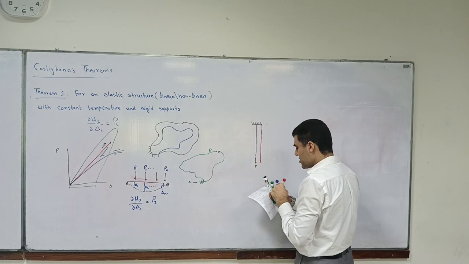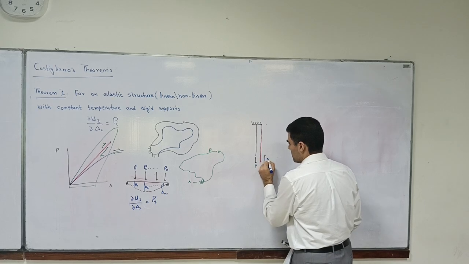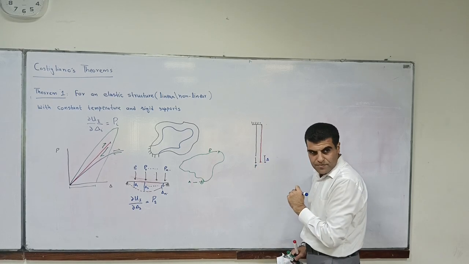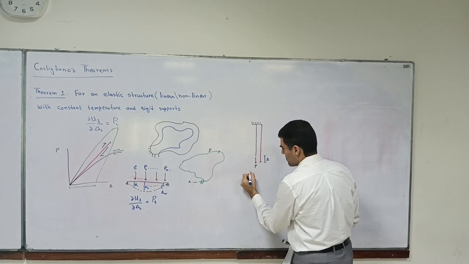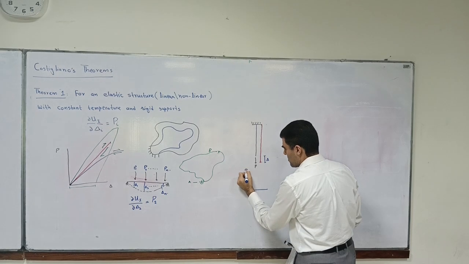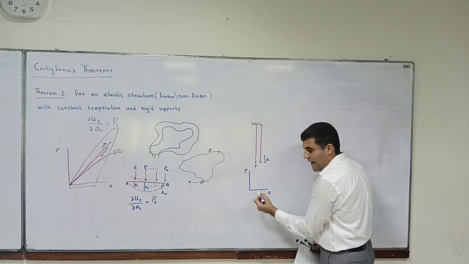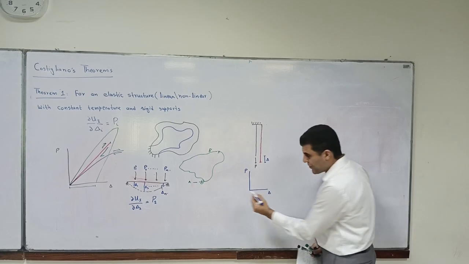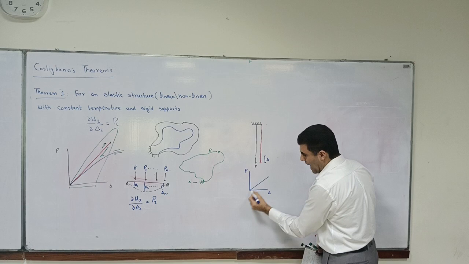So the extension I call delta. If I draw the P delta curve for this, it will come out to be a straight line.